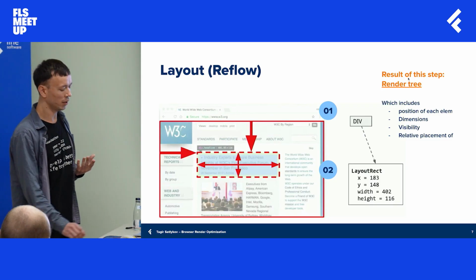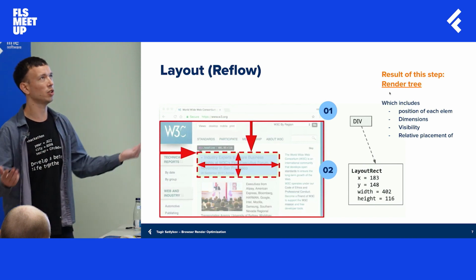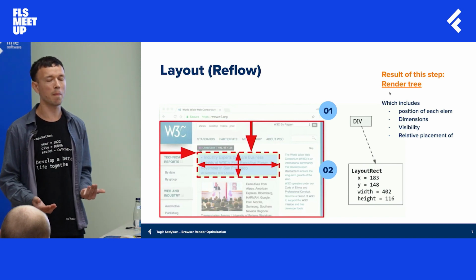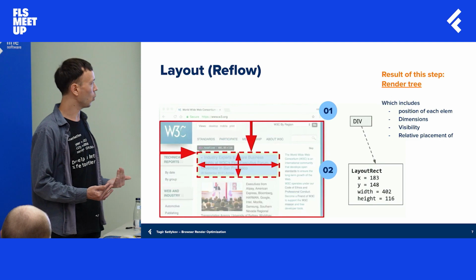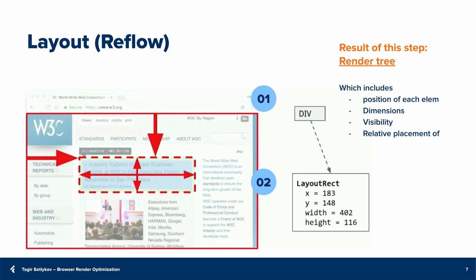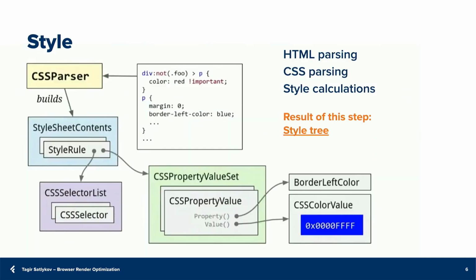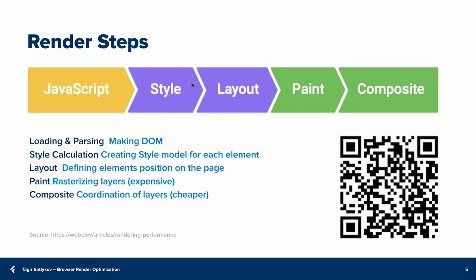We should understand that there is not an image, there are not pixels, it's just a math model with all elements oriented somewhere on the page. And this result goes to the next step with the name paint.